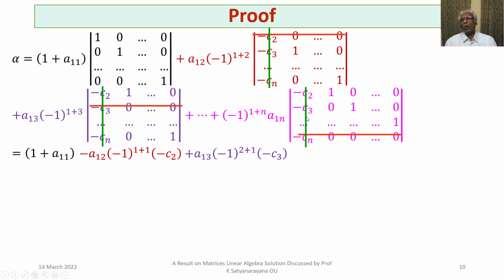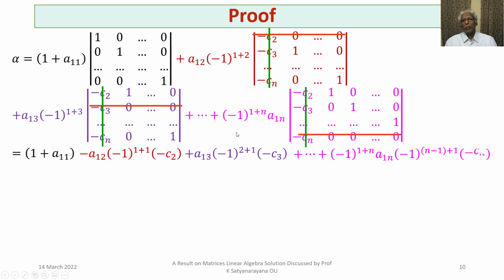N minus 1th row and first column, the cofactor will be (minus 1) to the power of n minus 1 plus 1 into minus Cn into the n minus 2 by n minus 2 identity matrix, that is 1.